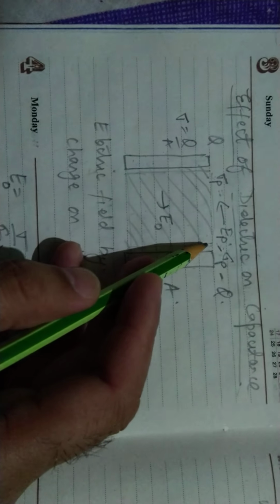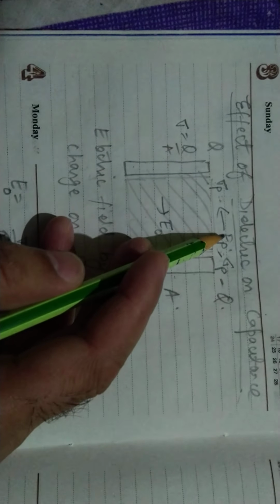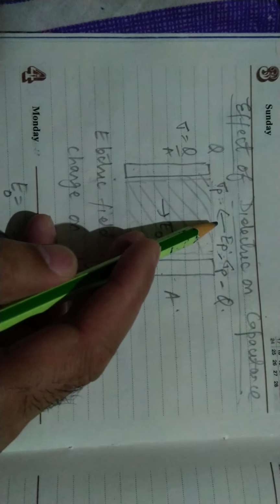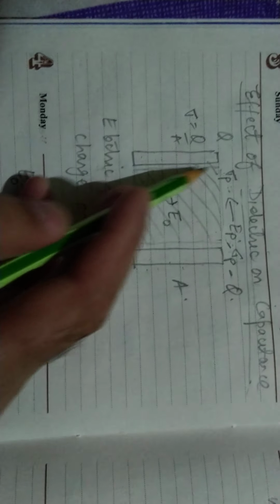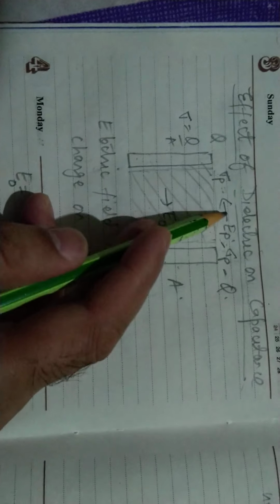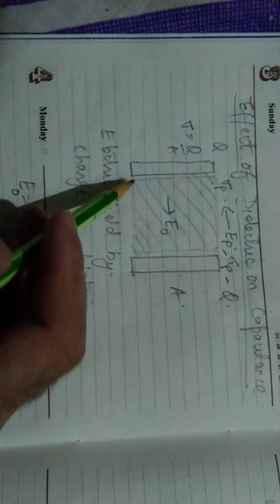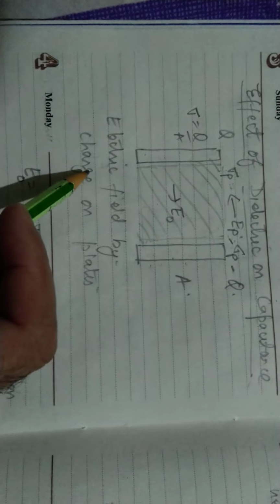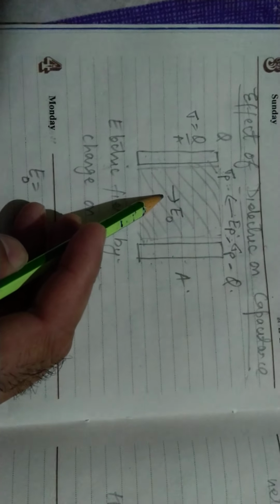Because of this, a field will also appear inside the dielectric due to its own surface charge, and this field is in opposition to the original field.